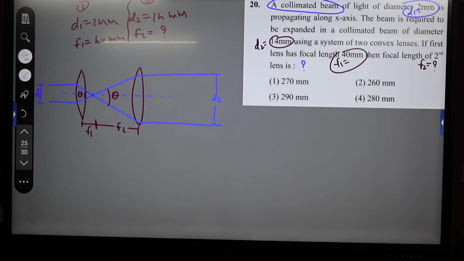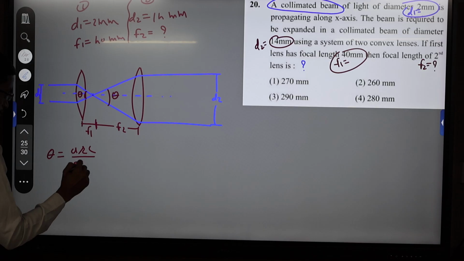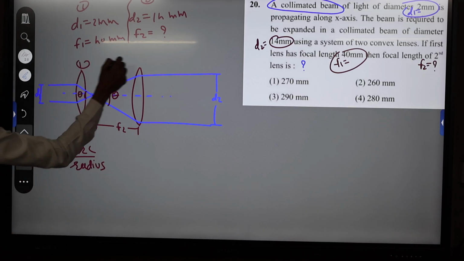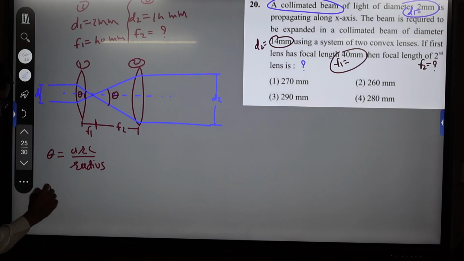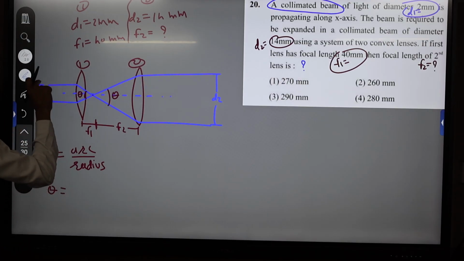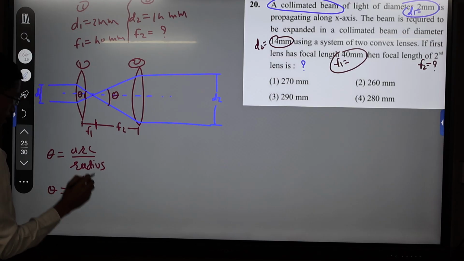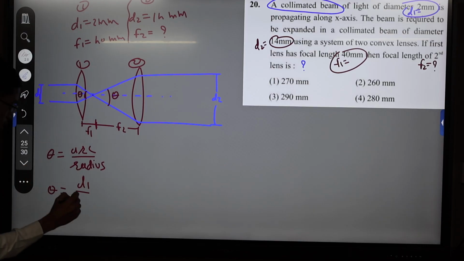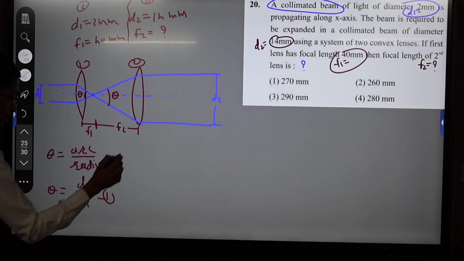So from this diagram you can say that theta is the same. We have a formula that theta is equal to arc by radius. In case 1, theta is theta, the arc we can consider d1 and the radius is the focal length f1.